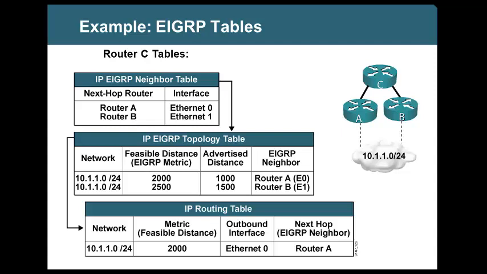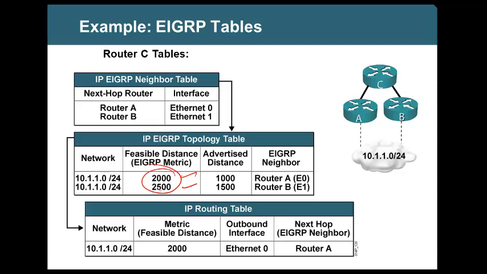And now, there are two paths. Because the metrics are not the same, we cannot do load balancing by default. EIGRP is the only protocol that supports unequal cost. You see, this cost is unequal.